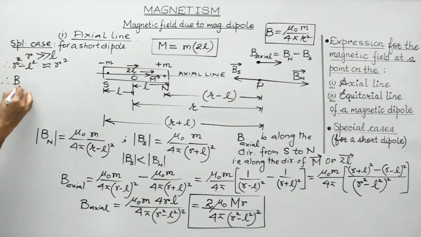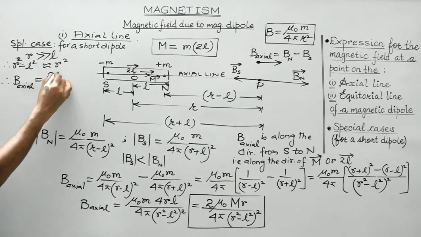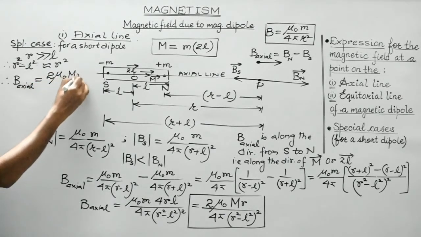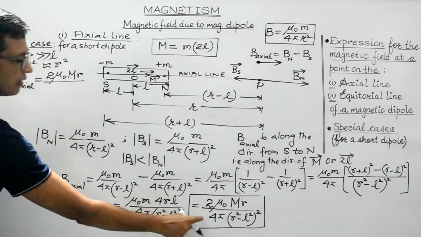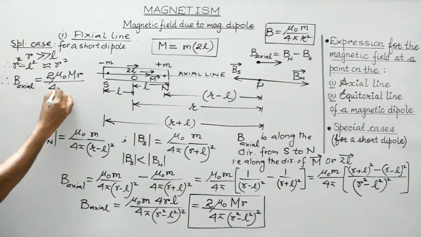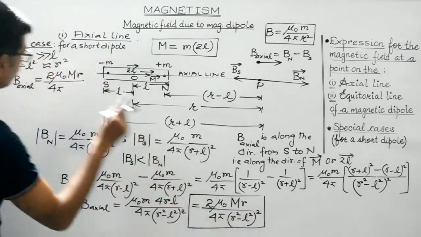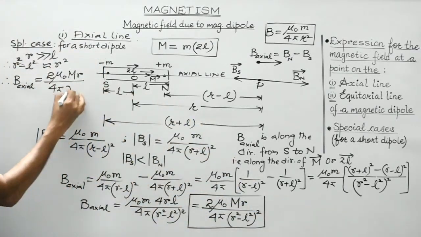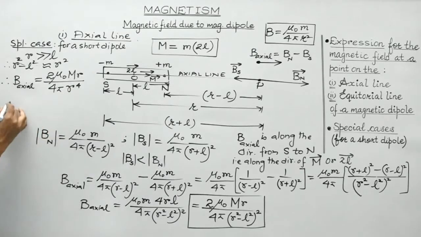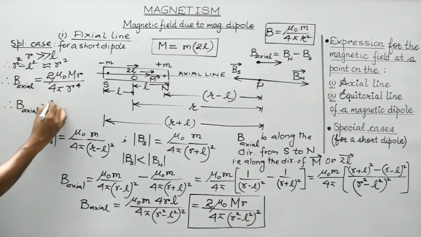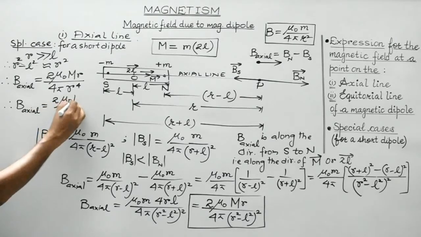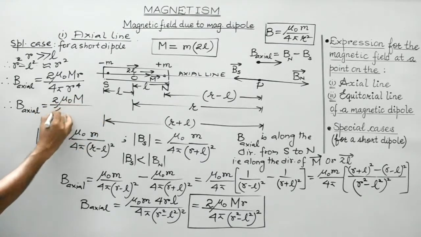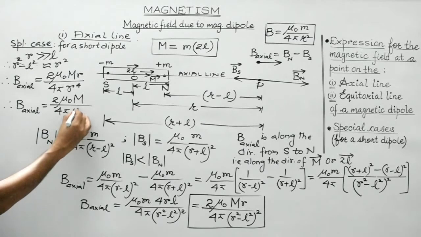Therefore, B axial will be equal to twice mu naught M R divided by 4 pi, and R square minus L square can be written as only R square, to the power square. It will give us R to the power 4. Therefore, B axial is equal to twice mu naught capital M divided by 4 pi R cube.